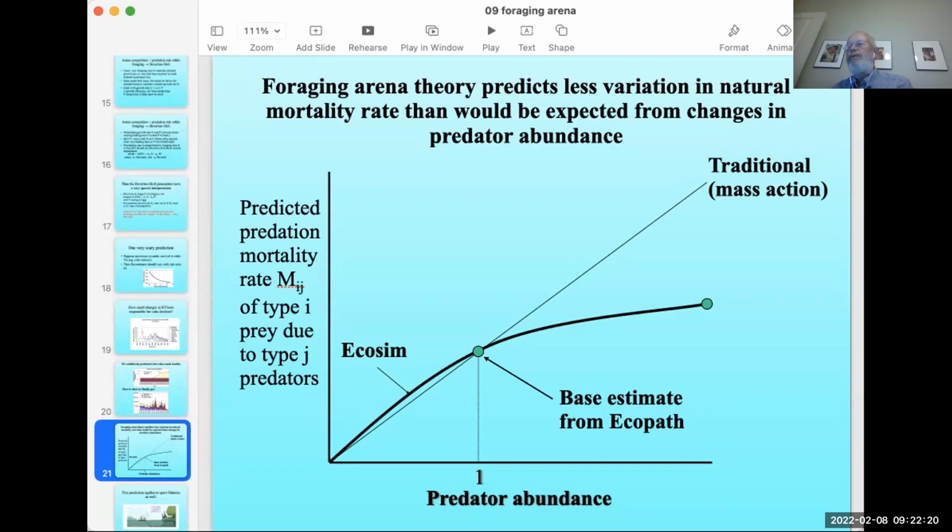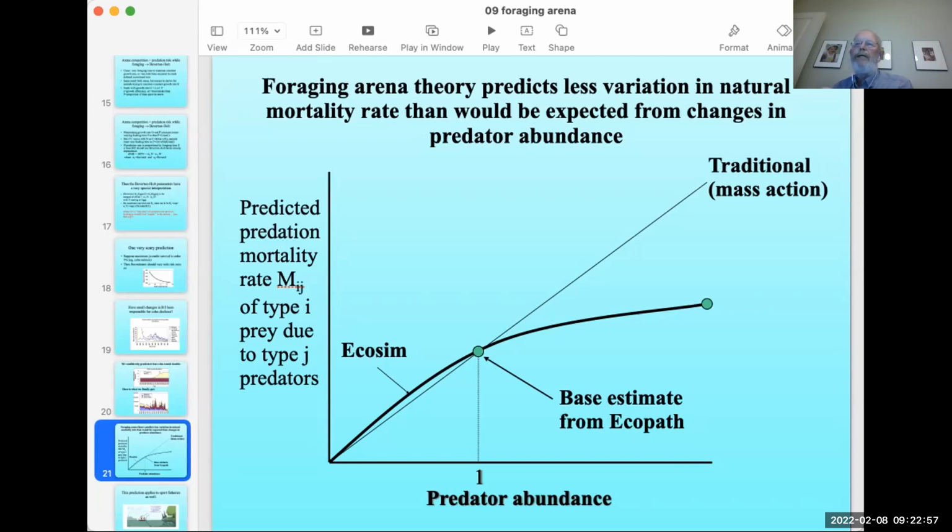So it's total food consumption versus predator abundance.